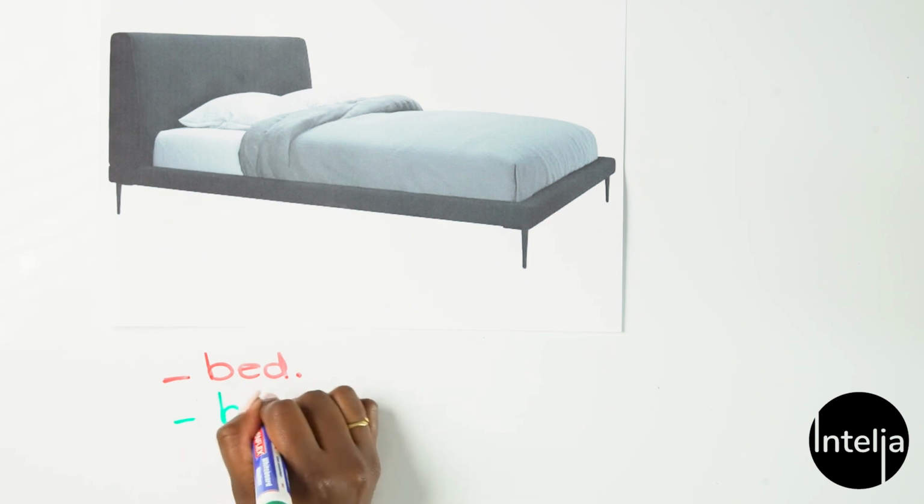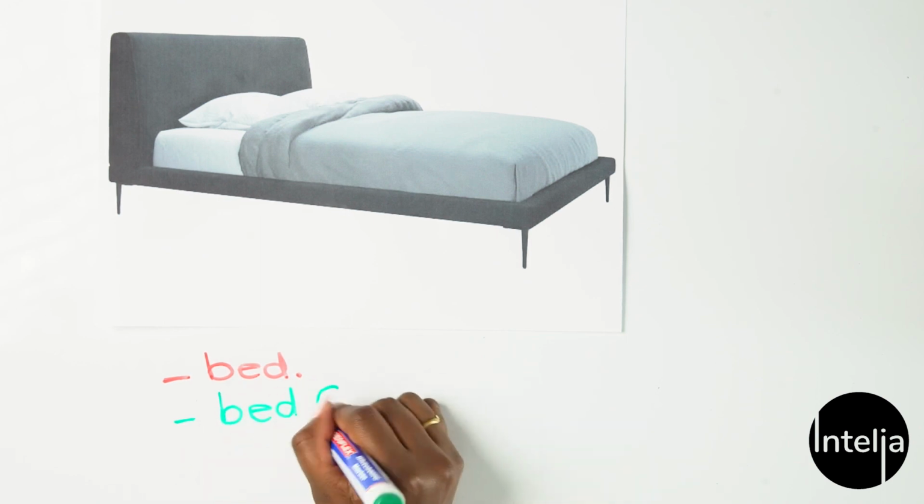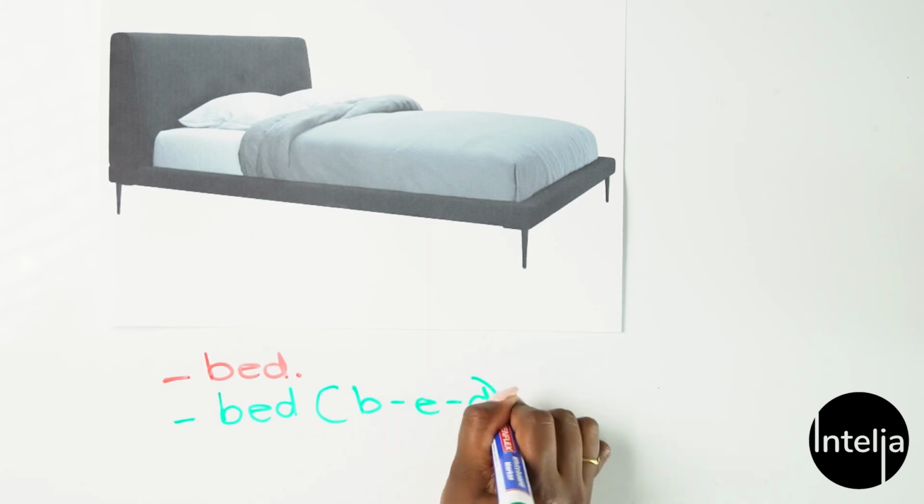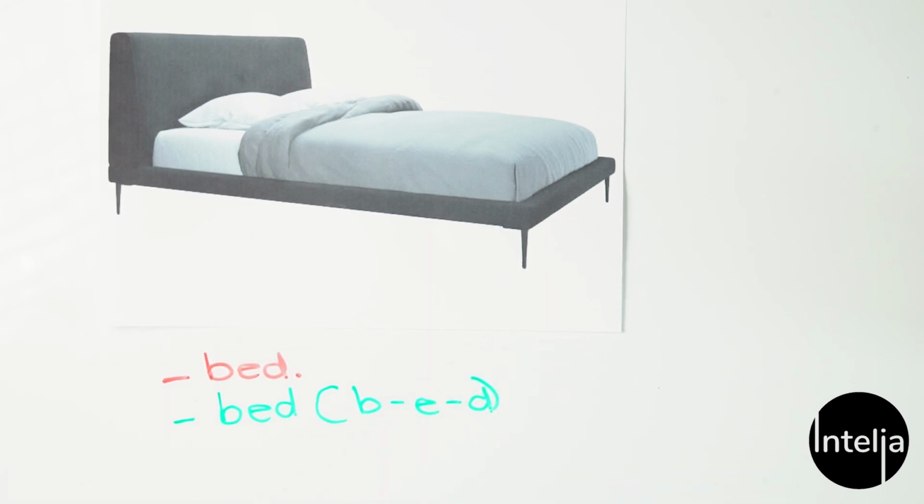It's spelled exactly the same, but pronounced different. B-E-D. Bed. Remember, our D sounds a little bit different. There's a hint of a T in our D. So as much as this would be bed, this is bed.